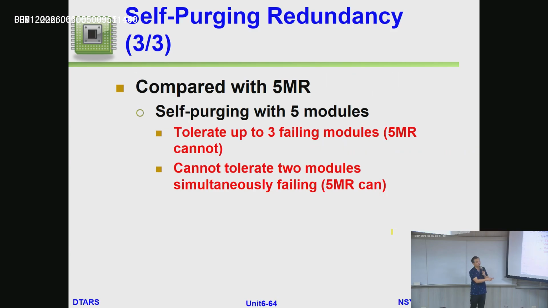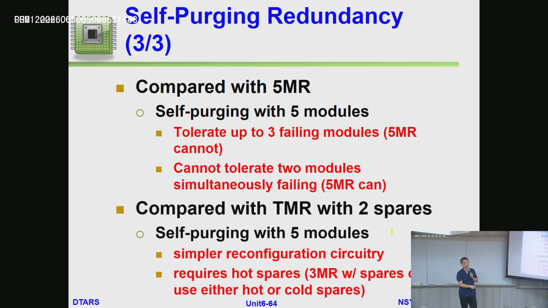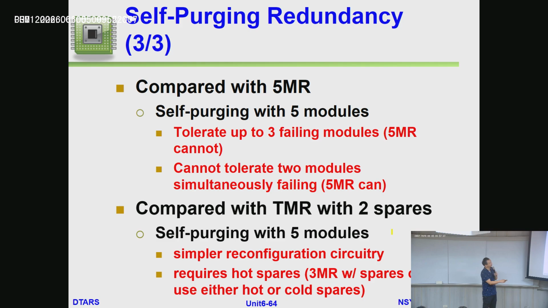For 5MR, our purpose is only to mask errors, and we can tolerate 2 spares. But for self-purging, with the same number of modules, we can tolerate up to 3 failing modules.